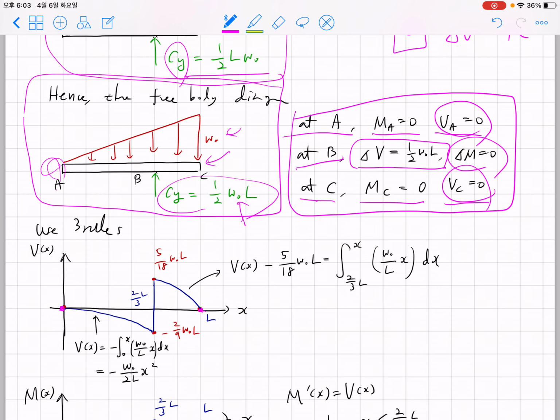To obtain the V distribution, we're going to use V(x) equals negative integral of Q(x) dx from 0 to x, because V at x equals 0 is 0. From this relationship, by plugging in Q(x) equals W0 over L multiplied by x, you can obtain this distribution up to this point.